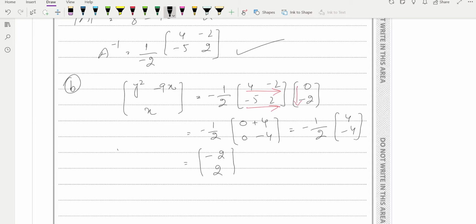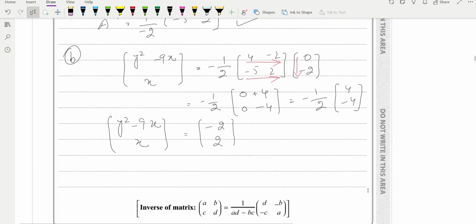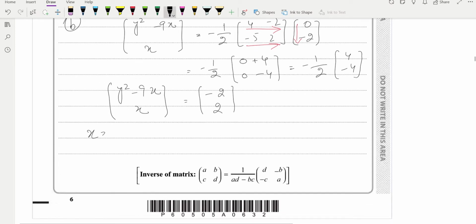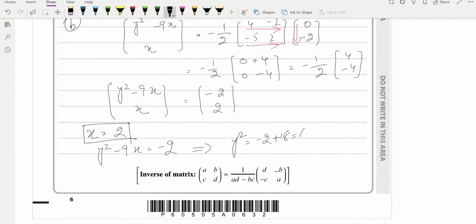So this is equal to y square minus 9x and x. Now we can compare both sides, and this will give us x is equal to 2. And the second equation which we'll get will be y square minus 9x is equal to minus 2, and this implies we can replace x is equal to 2, so y square will be equal to minus 2 plus 18, which is equal to 16.